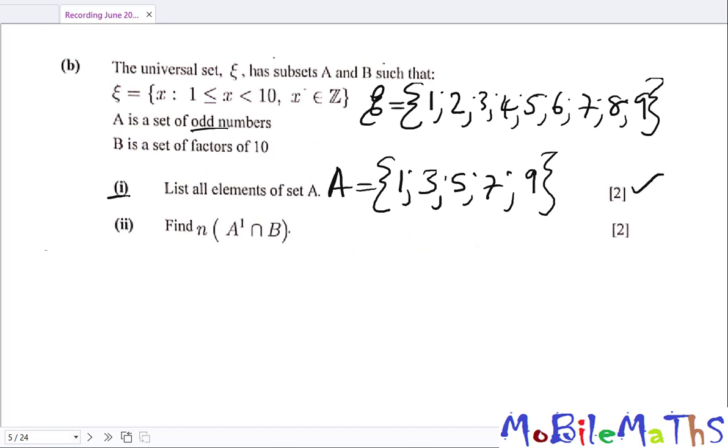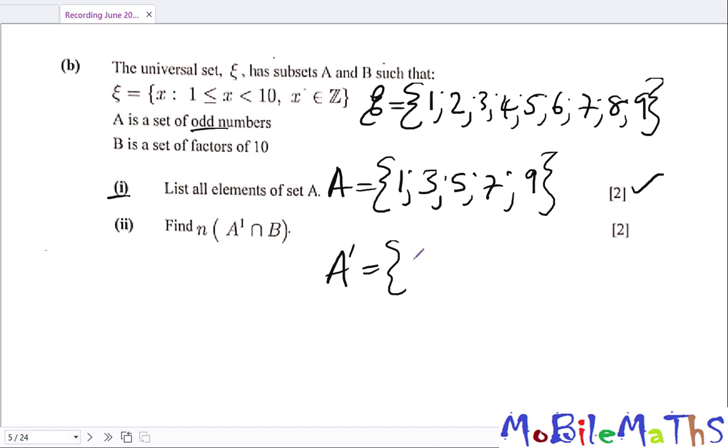The next question is saying find n of A complement intersection B. So here I have to first of all write B so that I know what B is. Before I do B, here we are saying what is not in A. So let me just write what is not in A. 1 is there, so I've got a 2.